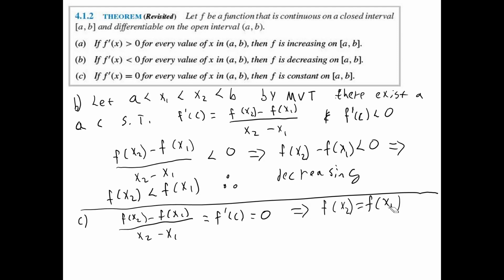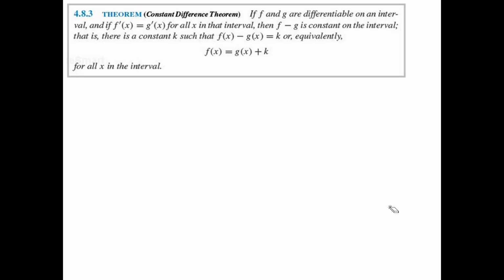Okay, this third part C is going to be useful in the next chapter, where we start talking about antiderivatives, and antiderivatives are going to be functions whose derivative is the function I gave you. We'll get there, but this theorem here is going to help you with that.